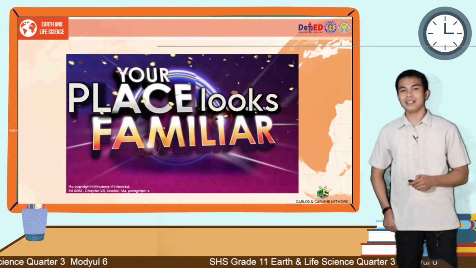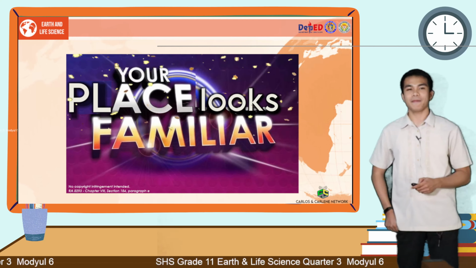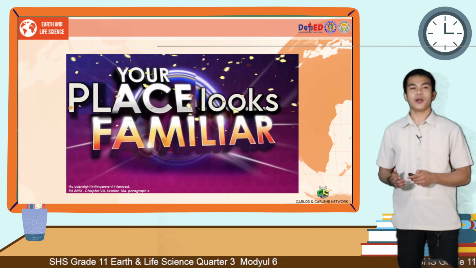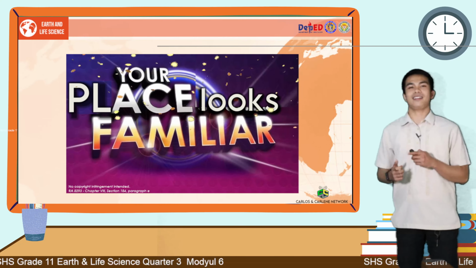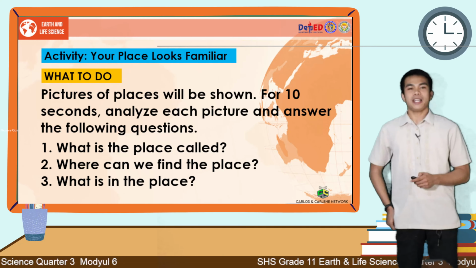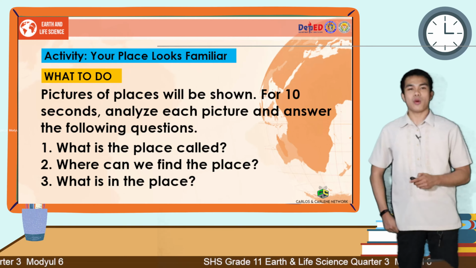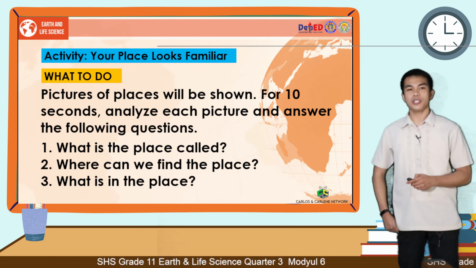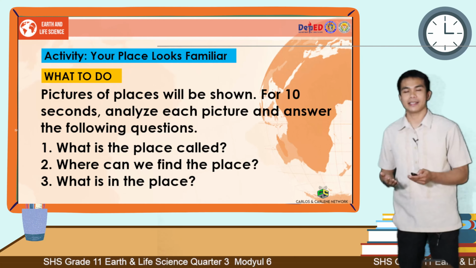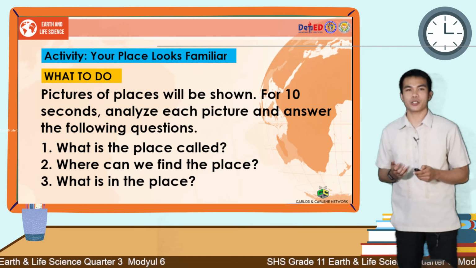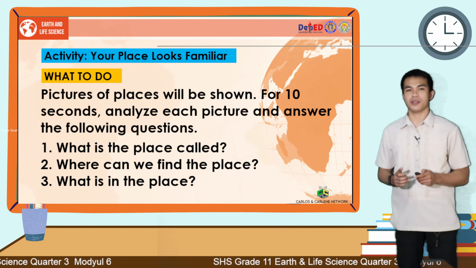Let us familiarize ourselves with the lesson by playing a familiar game to everyone. Let's play Your Place Looks Familiar. You heard it right. So let me read to you the mechanics of our activity. I'll be showing you pictures of places. For 10 seconds, you are going to analyze each picture and answer the following questions.